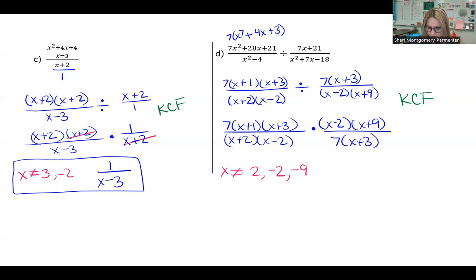For this one, I would like for you to look at your paper and see if you can figure out how to cancel anything out or to divide out common factors. That's it.